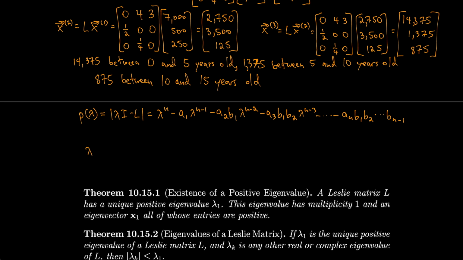We could also double check, I won't work out the details, but it turns out that the eigenvector corresponding to lambda 1 is x1 given by 1, b1 divided by lambda 1, b1 b2 divided by lambda 1 squared, b1 b2 b3 divided by lambda 1 cubed, and so on, all the way through b1 b2 through b(n-1) divided by lambda 1 to the n minus 1.